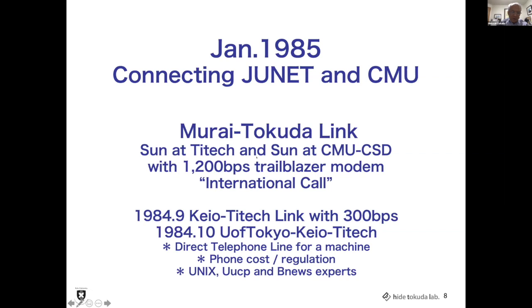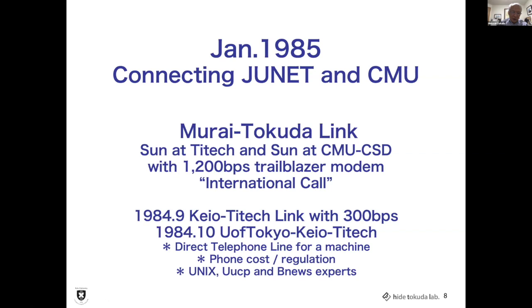Before 1985, Jun created the first Japanese Unix-based network in September 1984 with a 300 BPS modem between Keio University and Tokyo Institute of Technology.